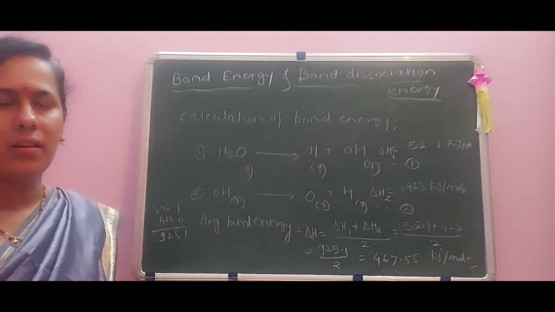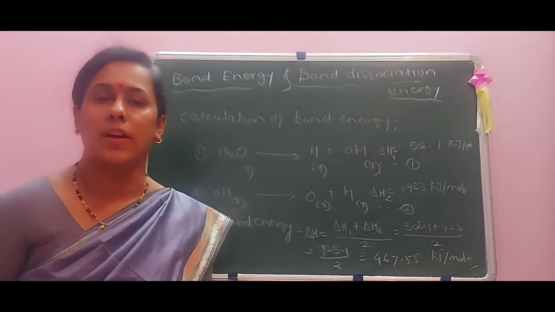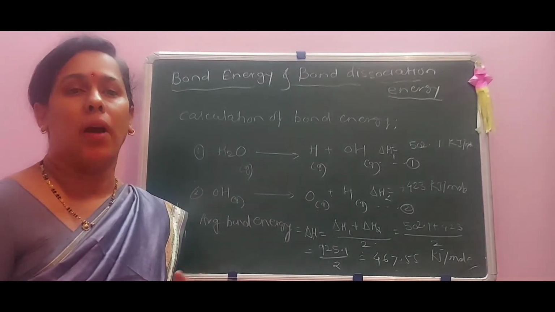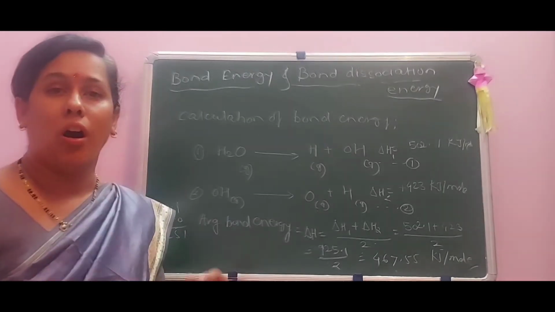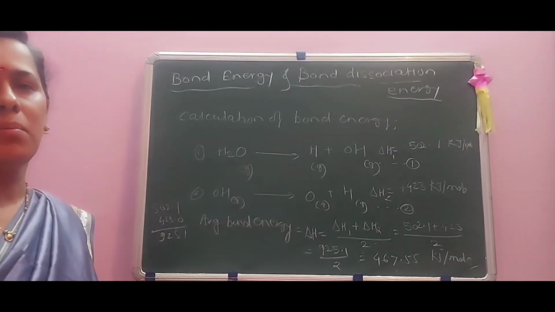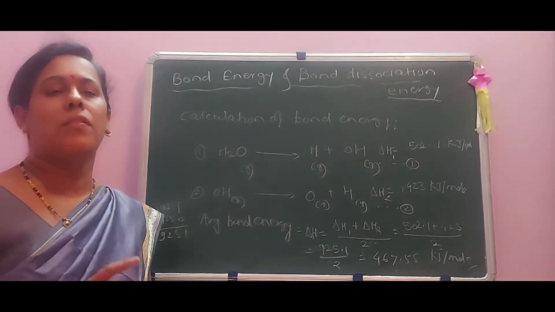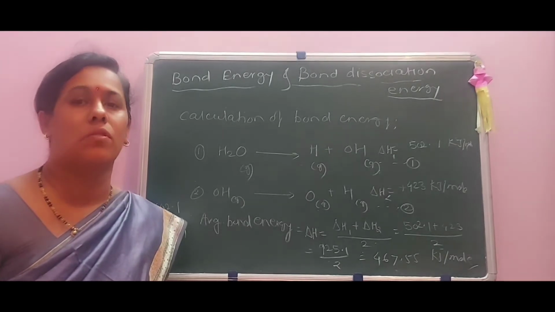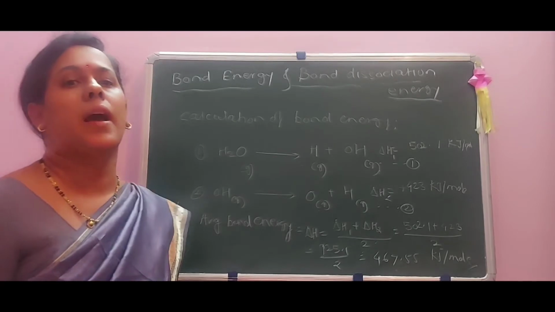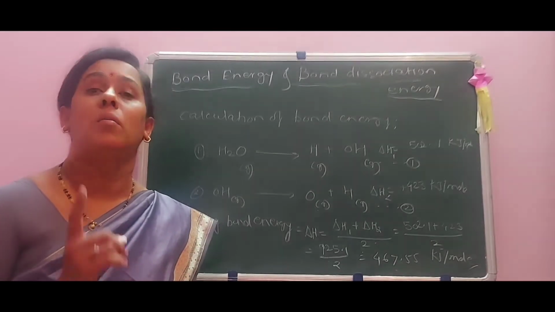Again we take another reaction, that is the formation of CH4. In this also we have to calculate the average bond energy of a C-H bond. In this example CH4, the number of C-H bonds is equal to 4. And for these 4 C-H bonds, we have to calculate the average bond energy per mole.